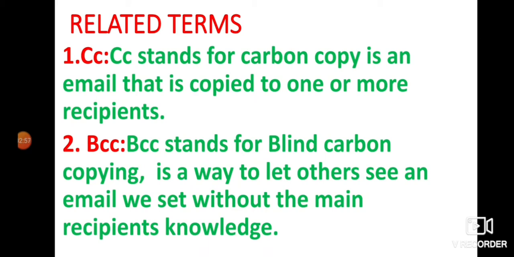BCC stands for blind carbon copy, a way to let others see an email we sent without the main recipient's knowledge. BCC can also be used to send email to many recipients without the knowledge of the main recipient.